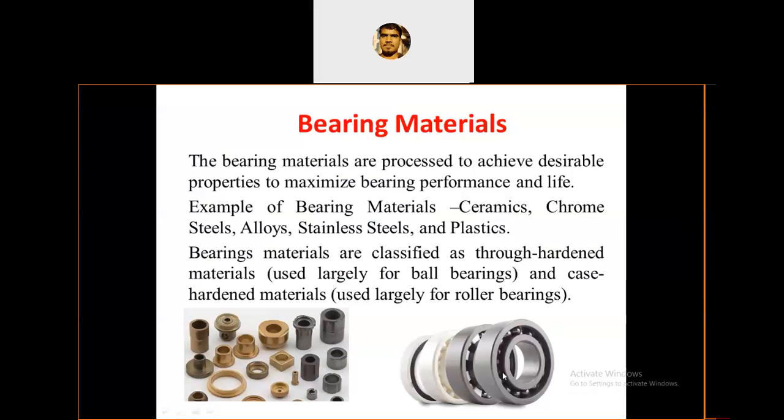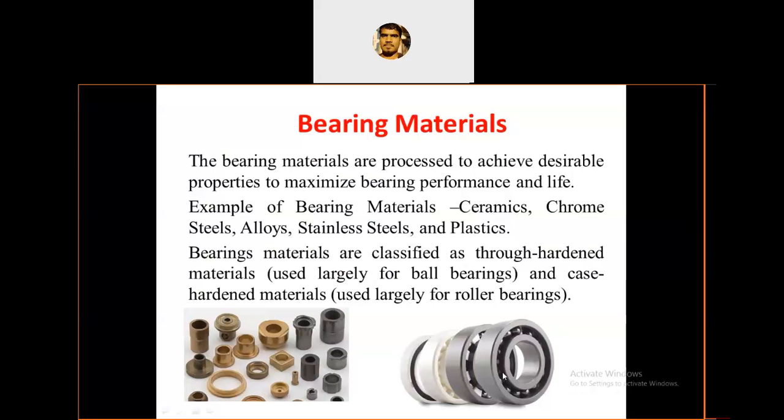Clear? You can use gold as a bearing material. But what happens if you use gold as a bearing material? Of course, it has some advantages and some disadvantages. But if you use gold as a bearing material, the cost may become very high. You can use stone, granite, ceramics.